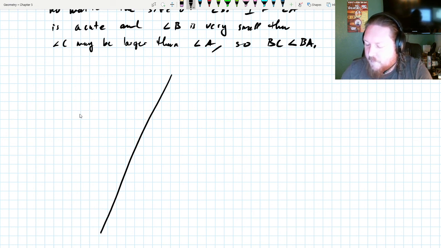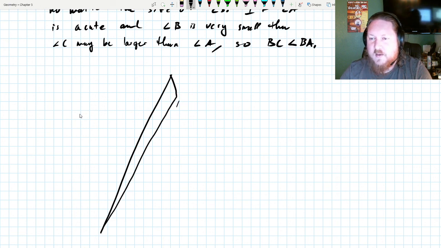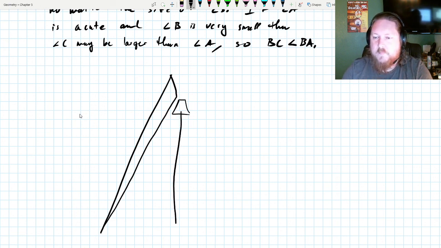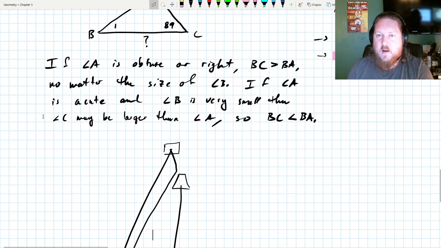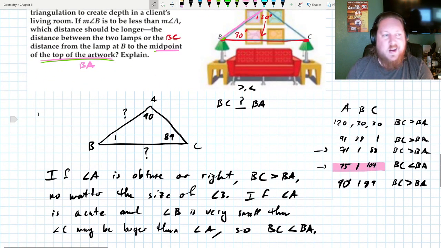It'd be a very, very tall lamp on the right. So, like, this lamp would be gigantically tall. And this would be a little tiny, like, nightlight in the side there. That'd be the only way that that would work as a way of making BA smaller or bigger than BC. But that doesn't look close to the picture at all, right? So it's not a very likely thing. Especially if we want A to stay obtuse, then BC is always going to be bigger.